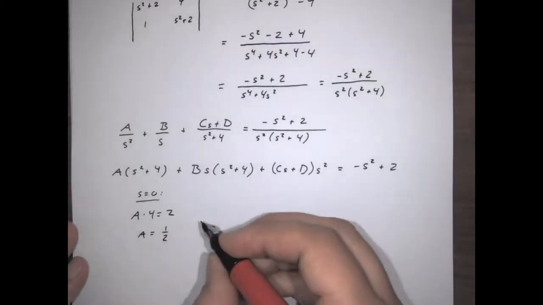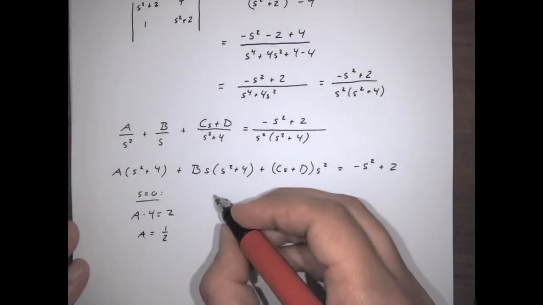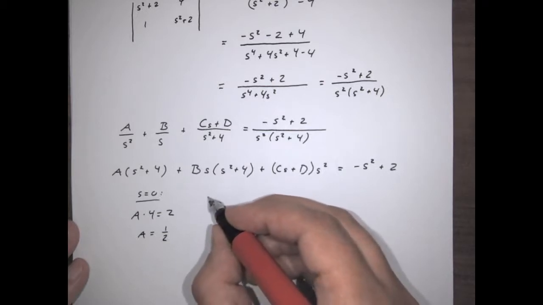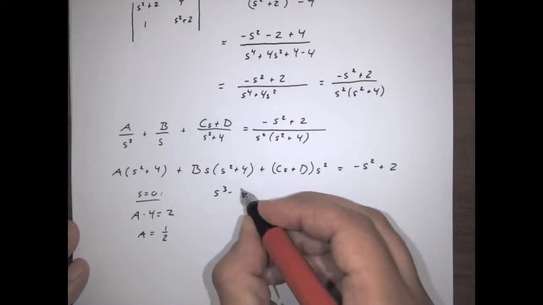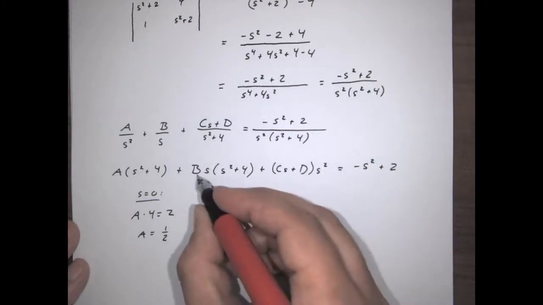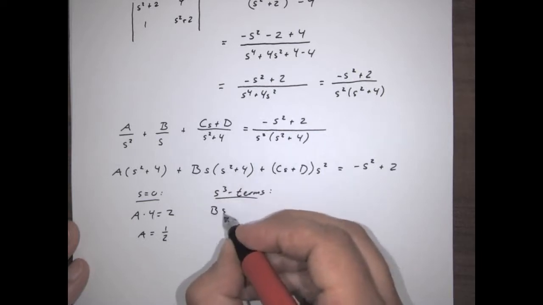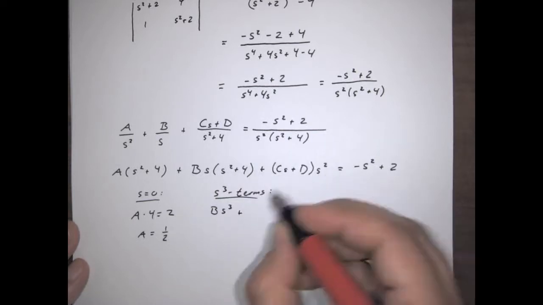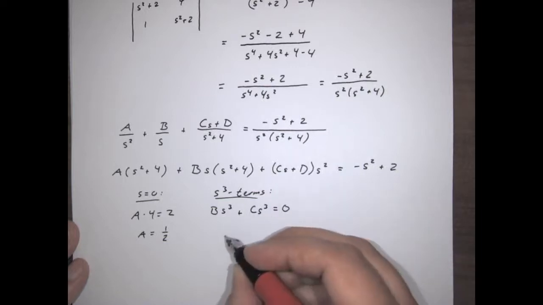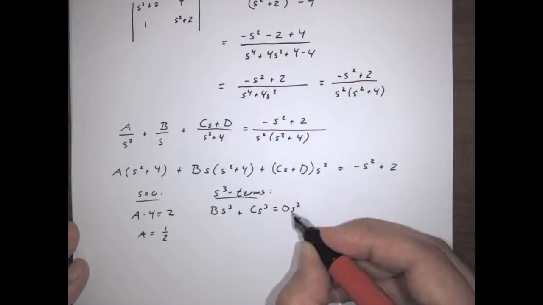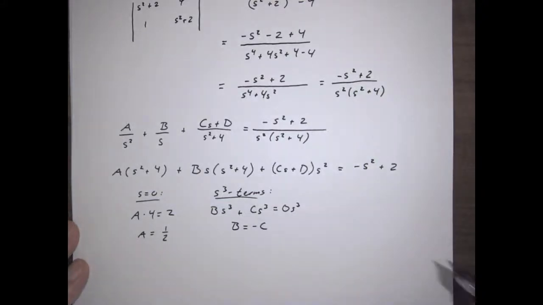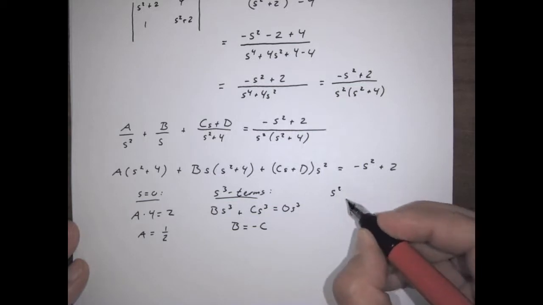So there's that. And then for the other pieces, we can just look at some of the big terms here. So there's going to be an s cubed. The s cubed terms are going to be bs cubed, and then the other s cubed is going to be from over there, cs cubed, equal to 0 s cubed, which means that b equals negative c. And there's an s squared term.